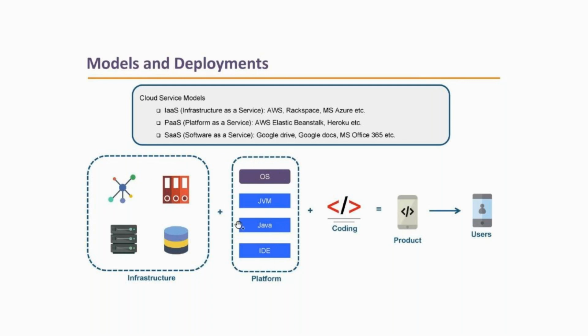After installing the software, the coding part happens, and after coding, the final product will be there, right? So this is the purpose: we require infrastructure, and after provisioning it, we can install something on top of it, develop the code, and the final product will be available for the end user.